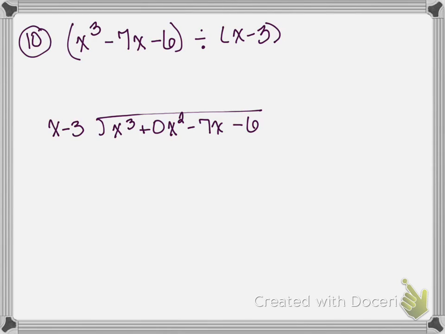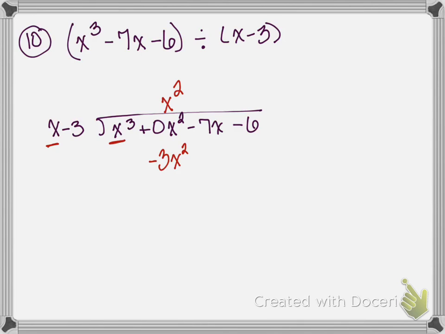Now you ask yourself, x times what gives you x to the third? X squared. X times x squared gives you x to the third. X squared times negative 3 is negative 3x squared.